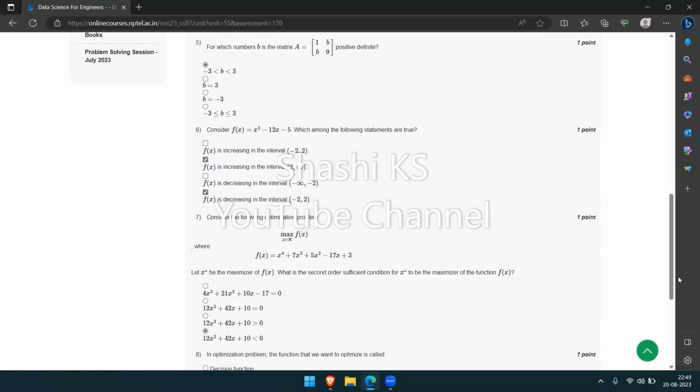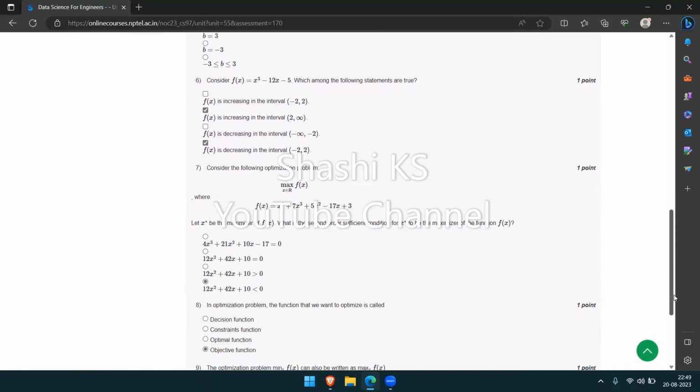When we differentiate it again, we get 12x square plus 42x plus 10. So for the second order sufficient condition for x star to be the maximizer of the function, this second order derivative 12x square plus 42x plus 10 should be less than 0. So the correct answer is option 4.